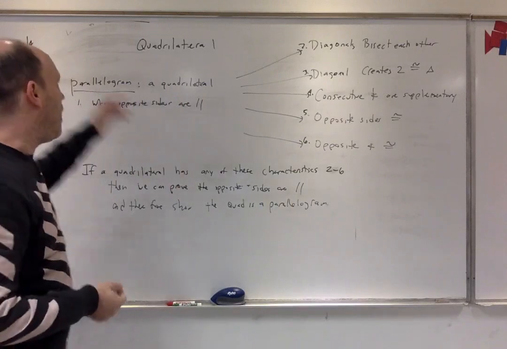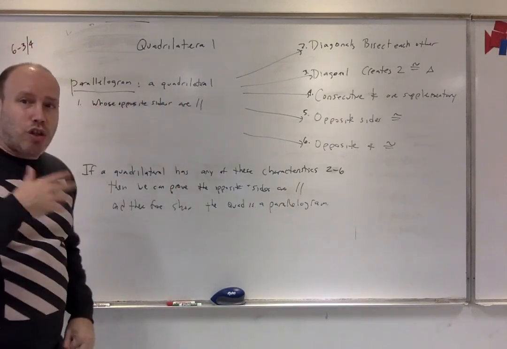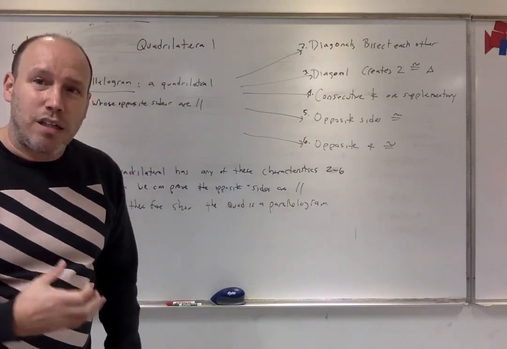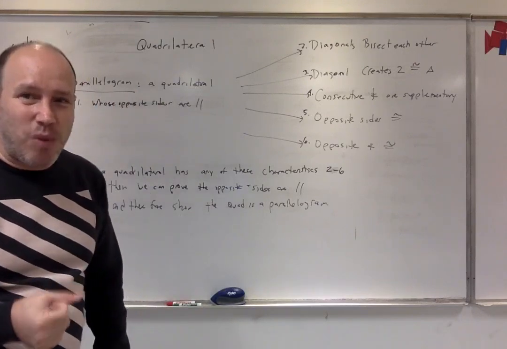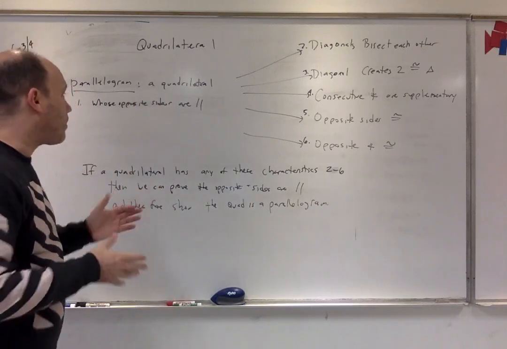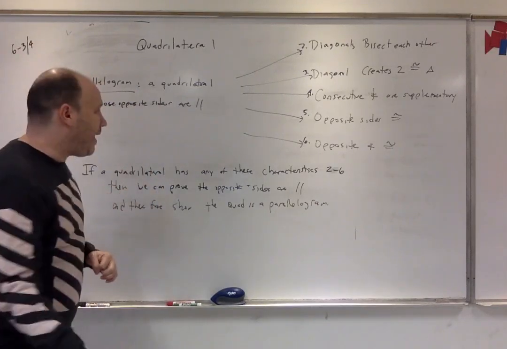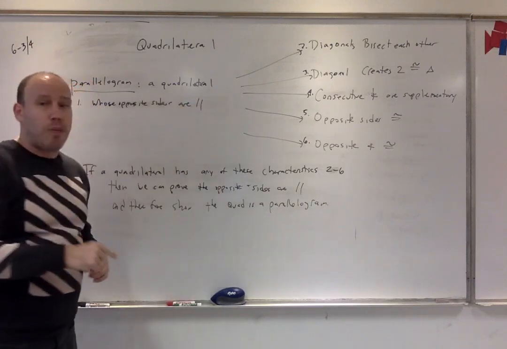Now, what is 6.3? 6.3 says, if I give you a quadrilateral, what do I need to prove that we actually have a parallelogram? What information can be given so that I can get to opposite sides are parallel?